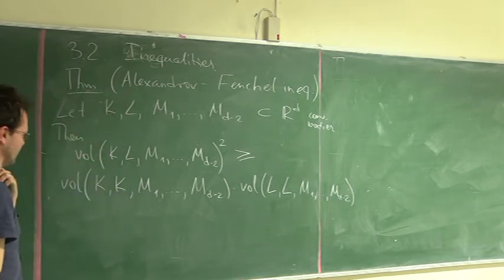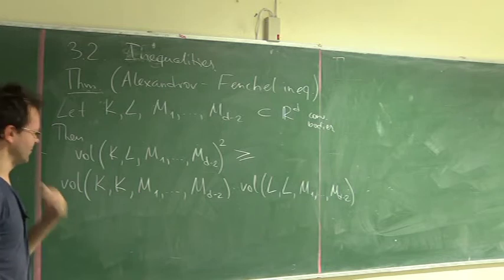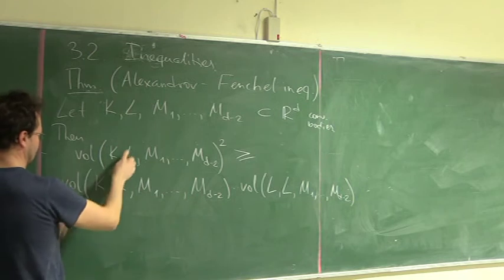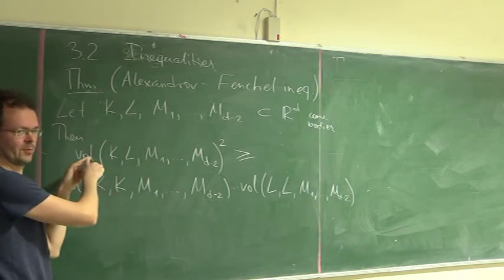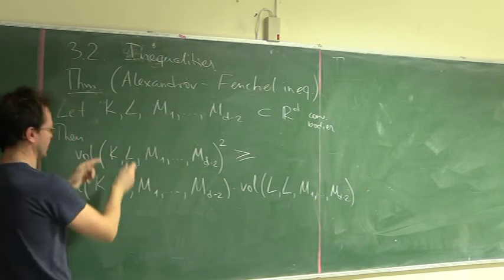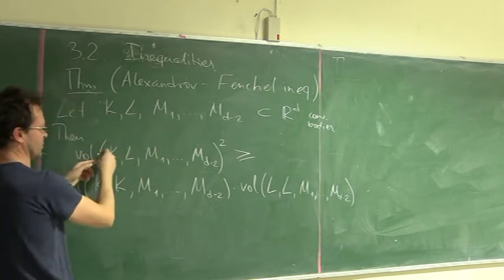So that's sort of an inverse Cauchy-Schwarz. Since this is a multilinear form, if I keep these Mi fixed and concentrate only on two arguments, this is actually a bilinear form.